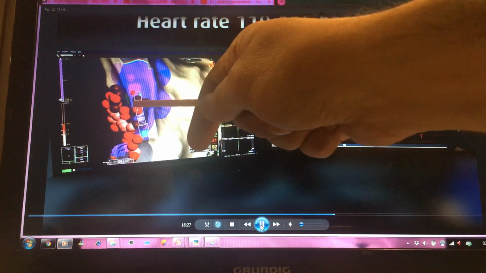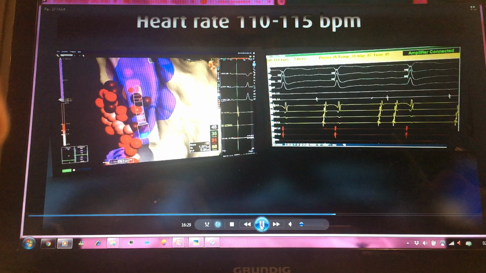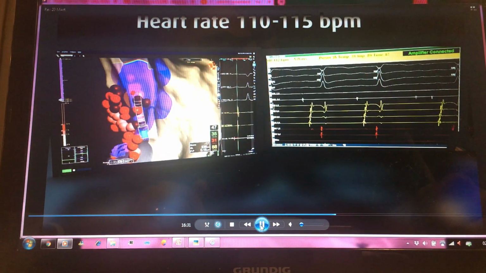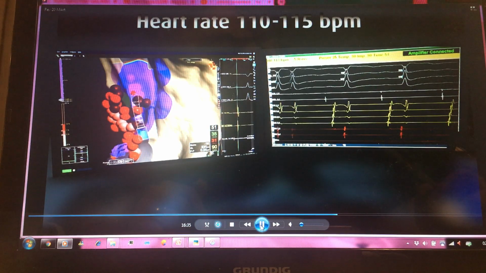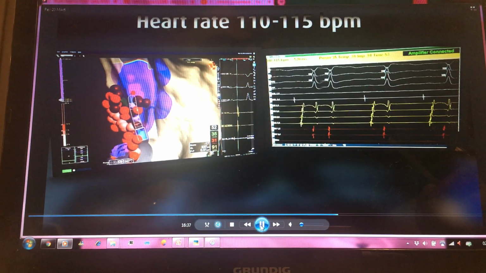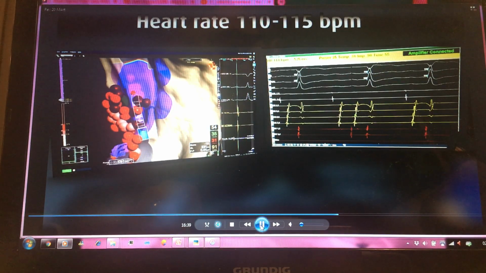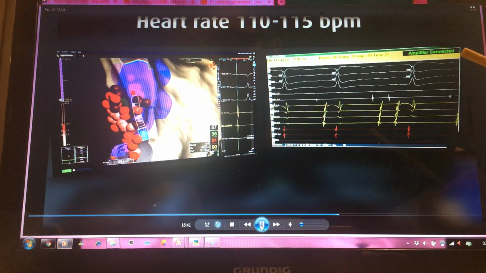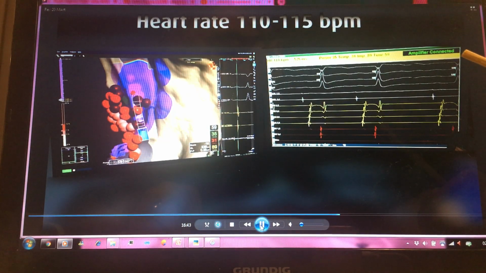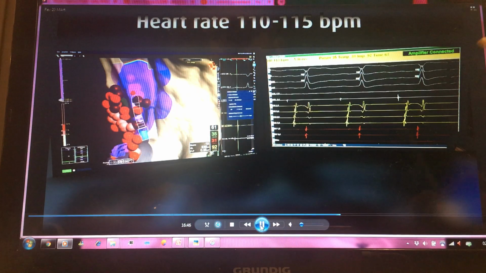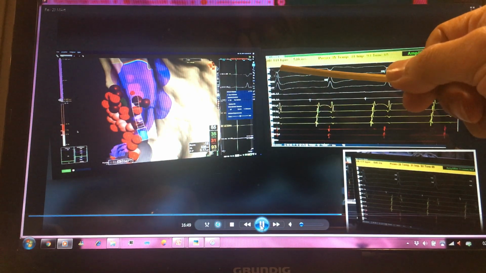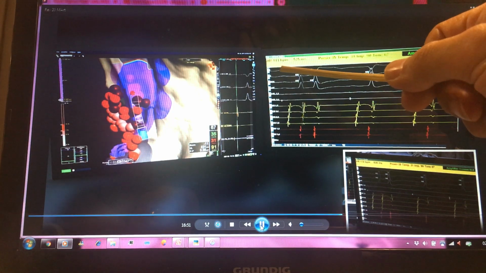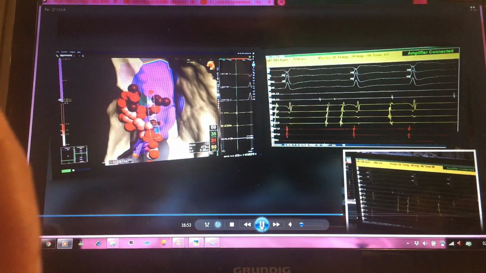Yes, you can see the catheter contact. After catheter stability, again we are starting ablation. Again we will try to completely eliminate all those potentials, but heart rate is stable and nearly 110 BPM level.